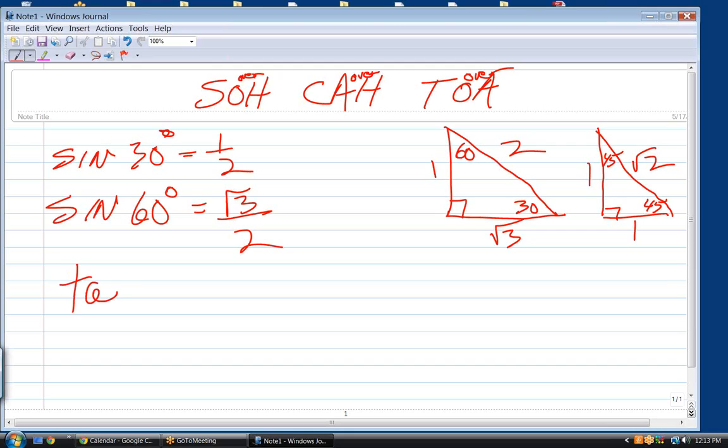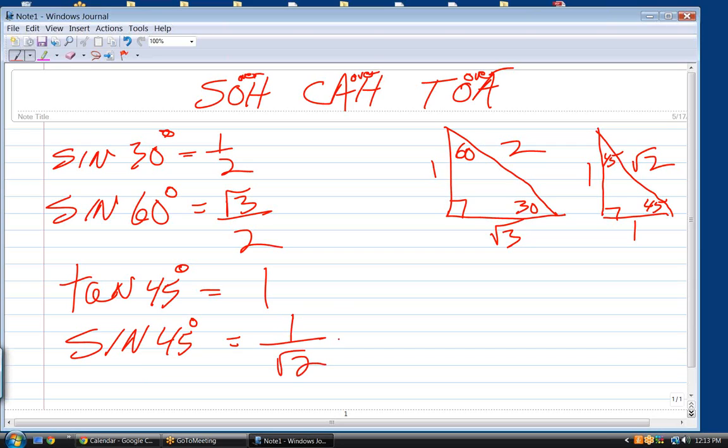So what's the tangent of 45? That would be 1 over 1? Correct. And the sine of 45? That would be 1 over square root 2.